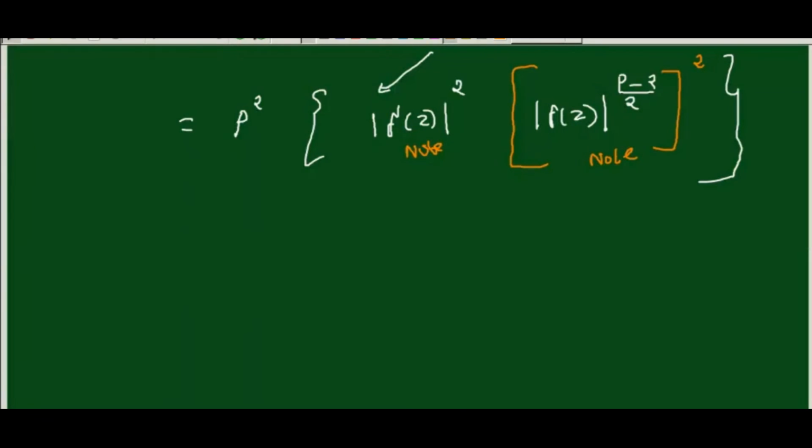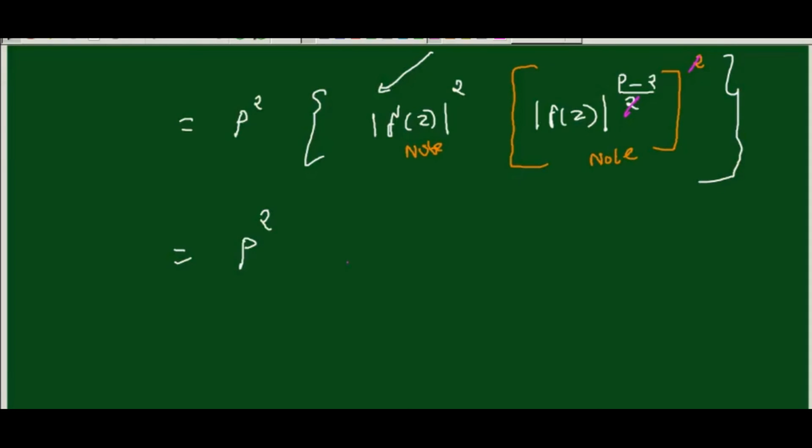So, which is equal to p square, and we can write f of z whole power p minus 2, right? Because if you multiply this, this term is getting cancelled, correct? This two and this two are getting cancelled.